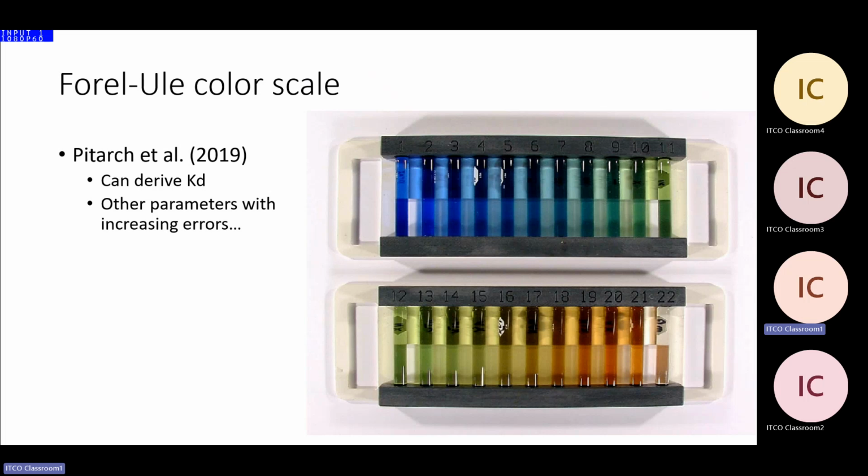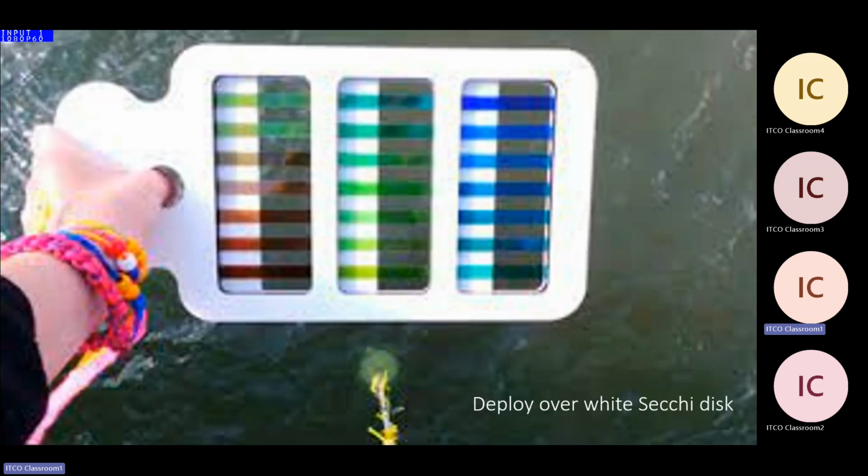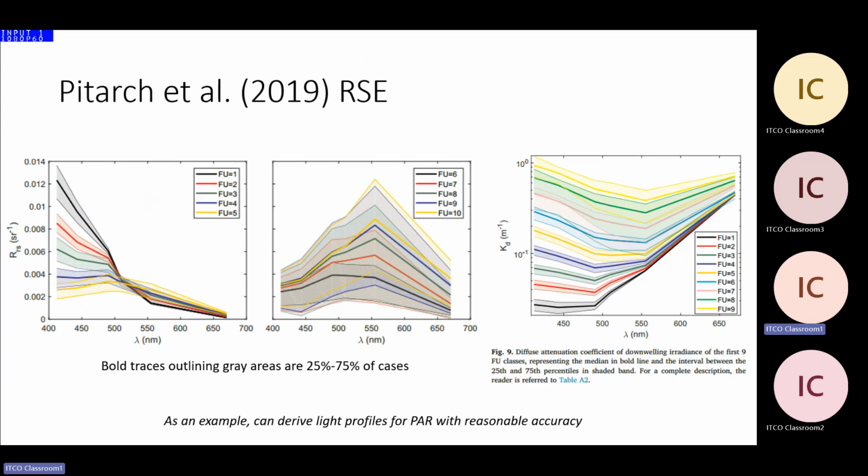There have been some studies, like Jaime has a great study. This is an example of it being deployed with the white Secchi disk there at the bottom. But he's come up with relatively rigorous ways to tie these Forel-Ule water types to actual reflectance spectra, as well as spectra of KD.